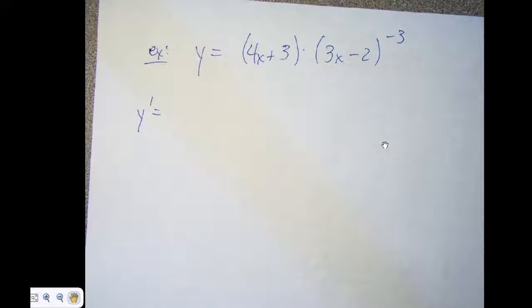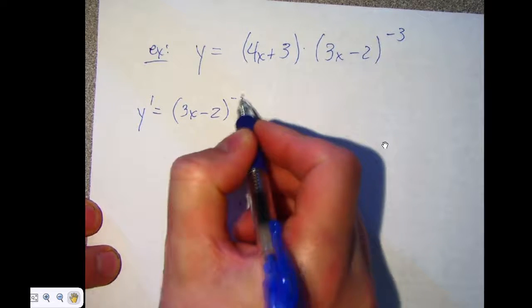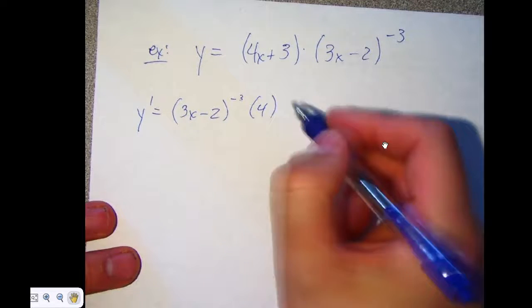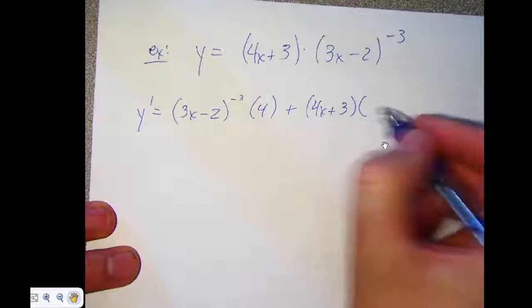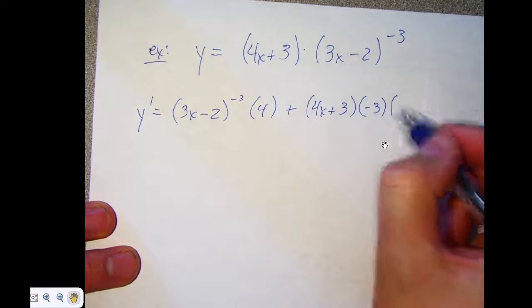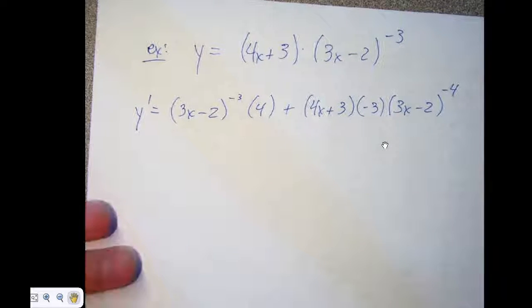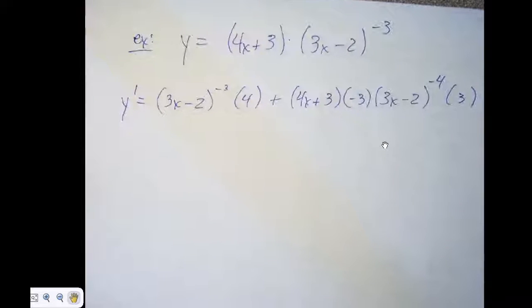If you have a choice between product and quotient, choose product. And this is in product form, so the second thing times the derivative of the first thing, which is just 4. Plus the first thing times the derivative of the second thing. So bring that negative 3 down, leave the 3x minus 2 alone, reduce the power by 1, so negative 4, and then multiply by the derivative of the inside, so 3.